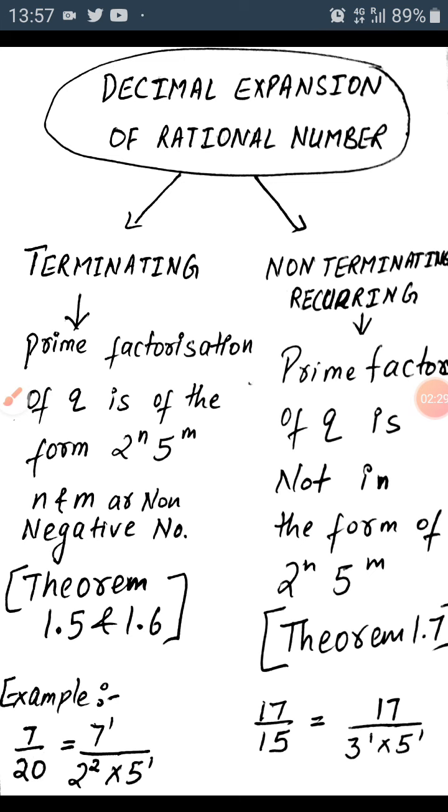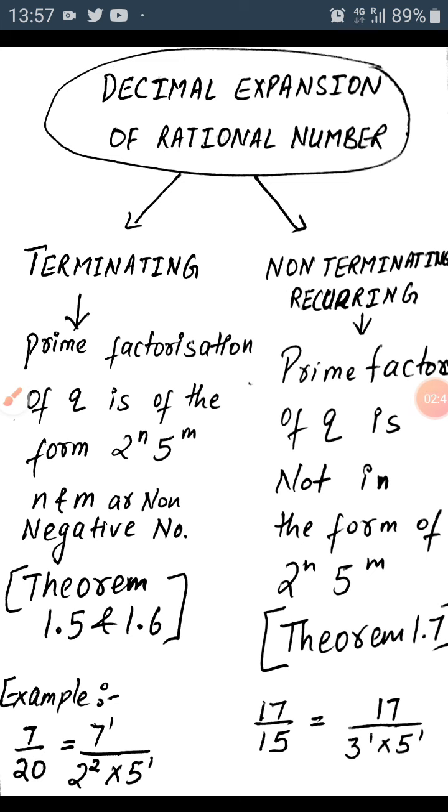Therefore, 2 to the power 2 means 2 to the power n and 5 to the power 1 means 5 to the power m. If the value of q can be written in the form of 2 to the power n, 5 to the power m, then this type of expansion is known as terminating.